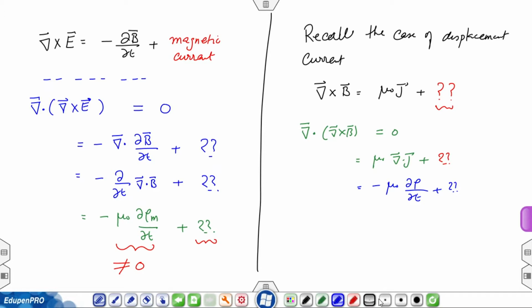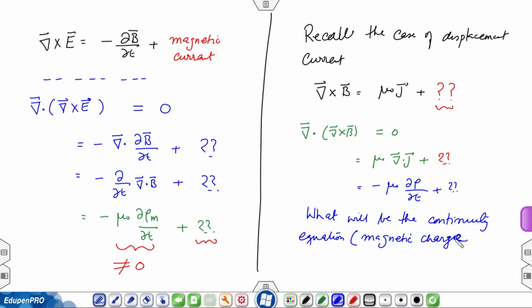So, before I proceed, I will throw this question at you: what will be the continuity equation, which is also the magnetic charge conservation equation for rho m, and let us call this magnetic current J m.